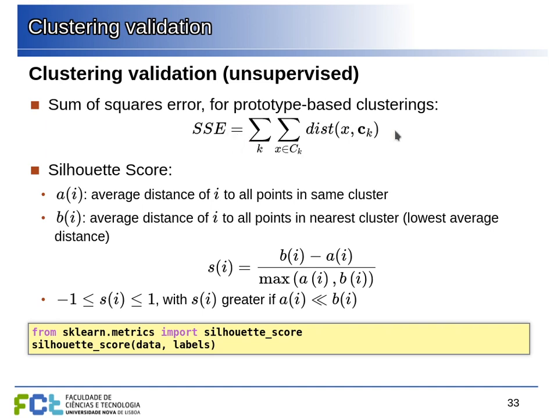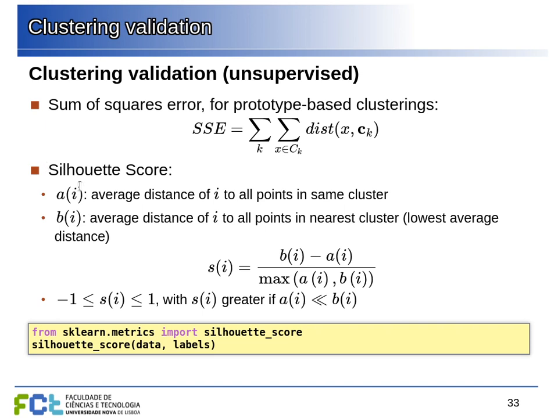Remember, we saw this as the loss function that we're trying to minimize in the case of k-means, where basically we want to group the points in a way that the points are as close as possible to their representative, to the centroid of their cluster.